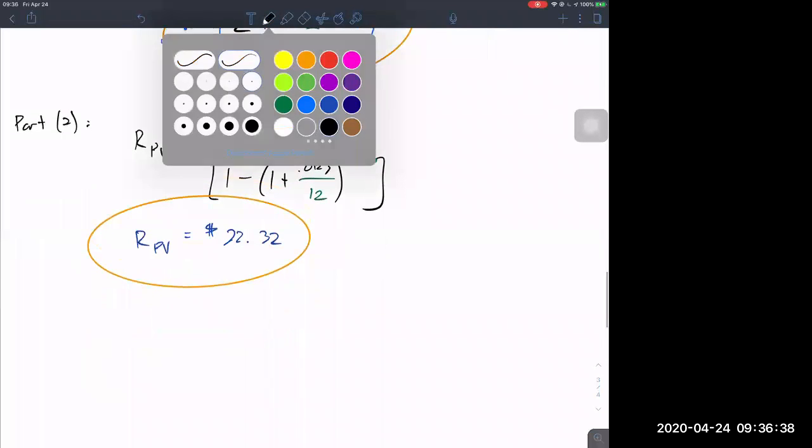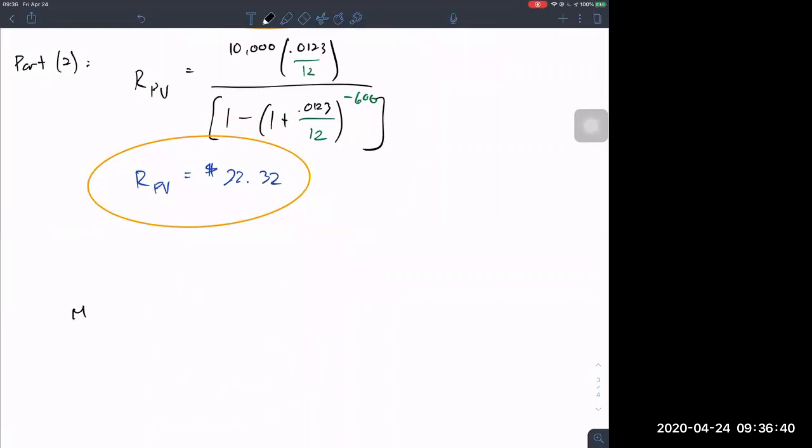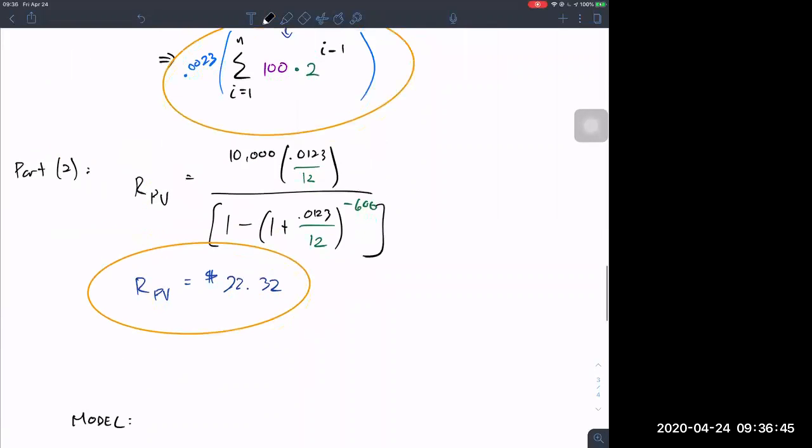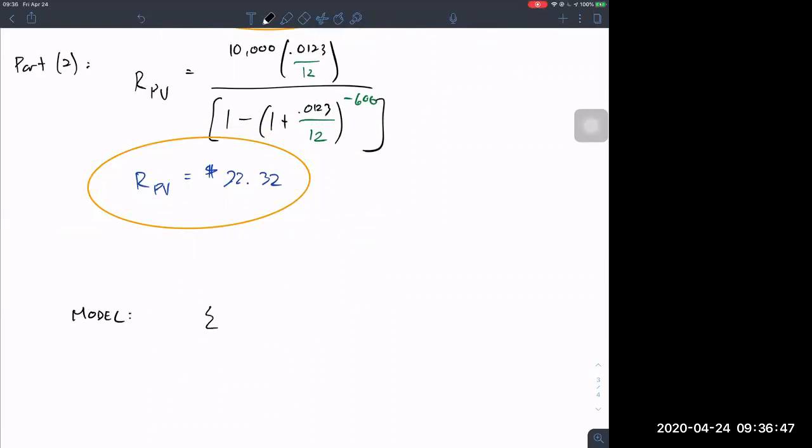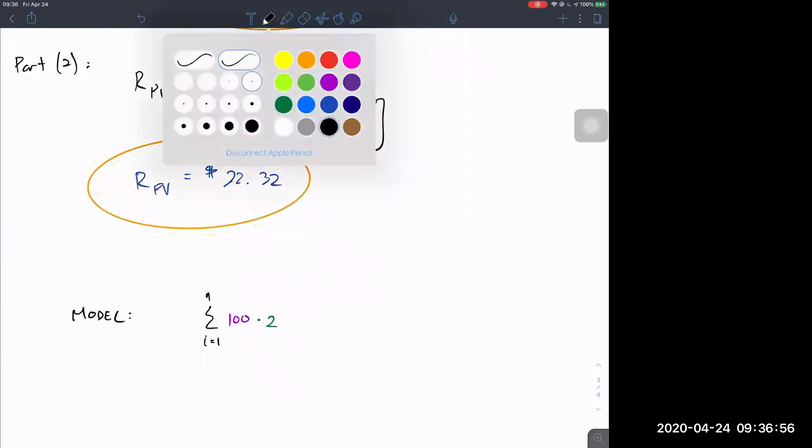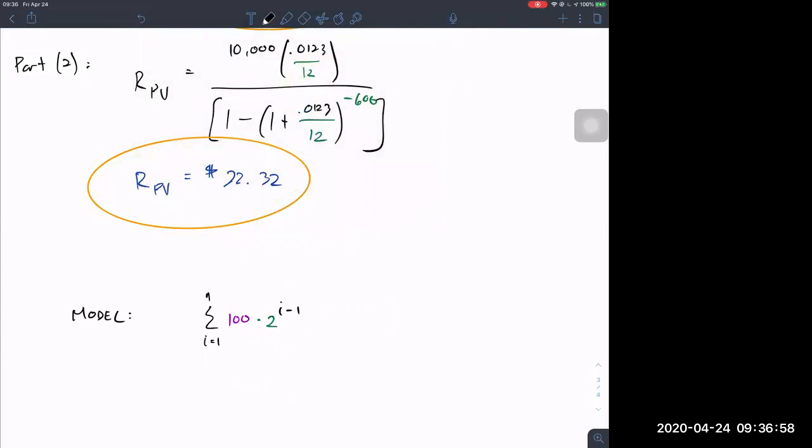You put the model together and you get the following. You get the summation, and you get the numbers 100 times 2 to the i minus 1. And remember, it's making money, 0.0023. You're subtracting off what it costs to maintain your domain name per month.